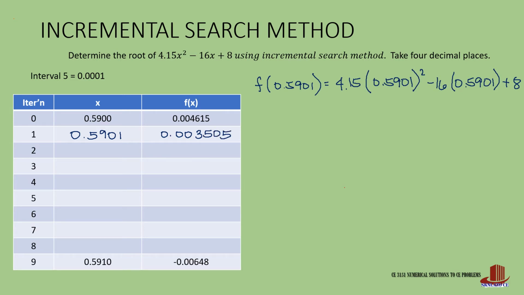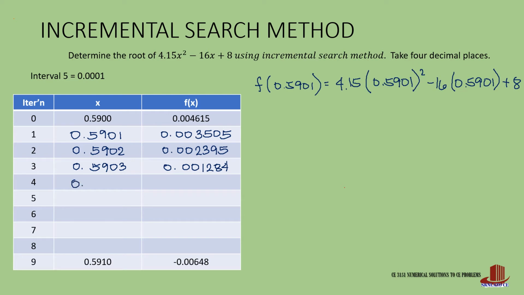Still a positive. So let's continue with 0.5902. From this point, we would still have a positive f of x, giving us 0.002395. So we keep moving on to the next, and that would be 0.5903, and we get 0.001284.